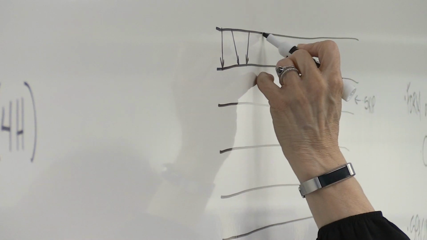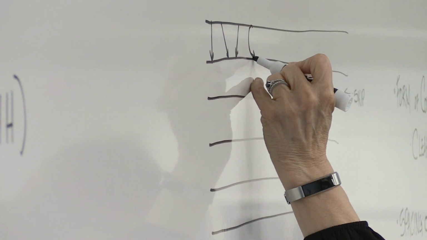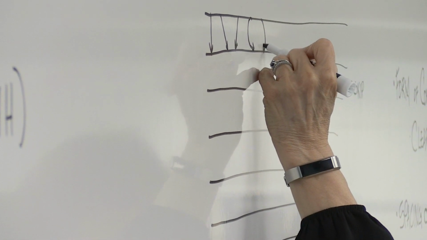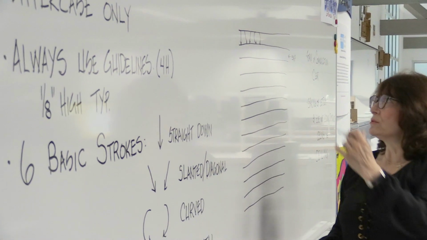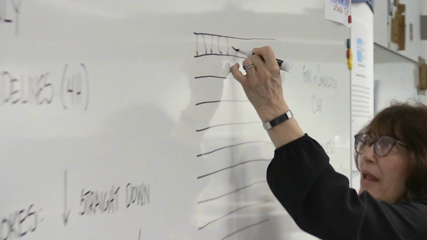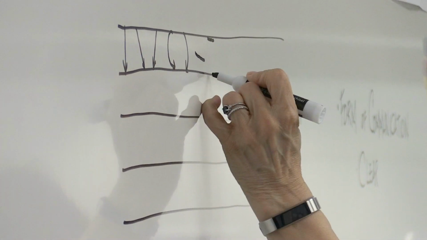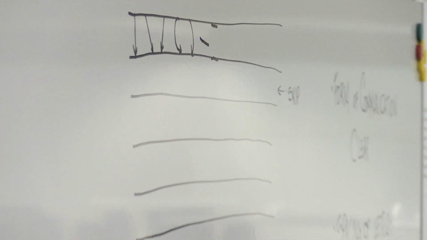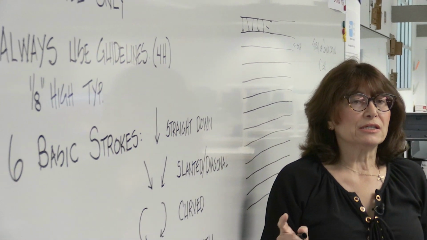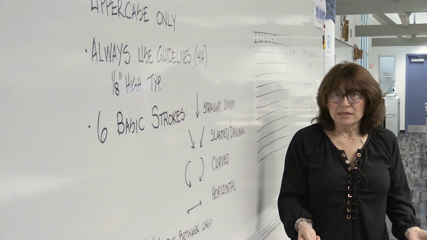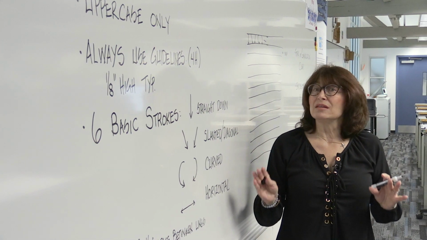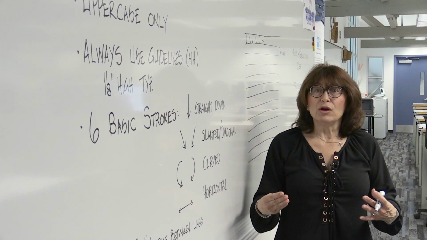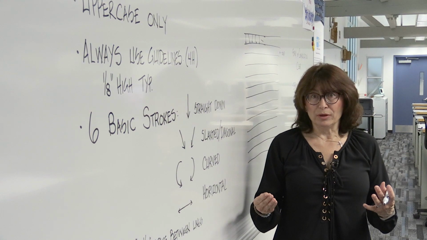We use curves for C's, D's and P's, and then horizontal. Horizontals can be for an H, it could be for a Z on the top or the bottom, but these are our 6 basic strokes, and it is important to practice those first. Even just practicing these basic strokes will help you before you develop your alphabet.